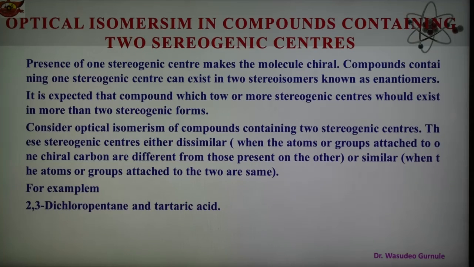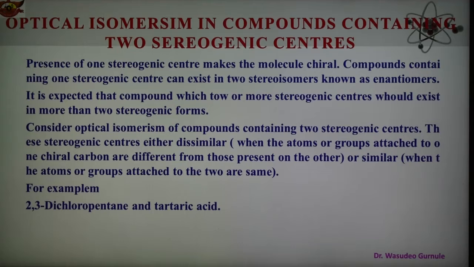We can say that the presence of one stereogenic center, that is a chiral carbon atom, makes the molecule dissymmetric or chiral. A compound which contains one stereogenic center, that is a chiral carbon atom, can exist in two stereoisomers which are known as enantiomers.